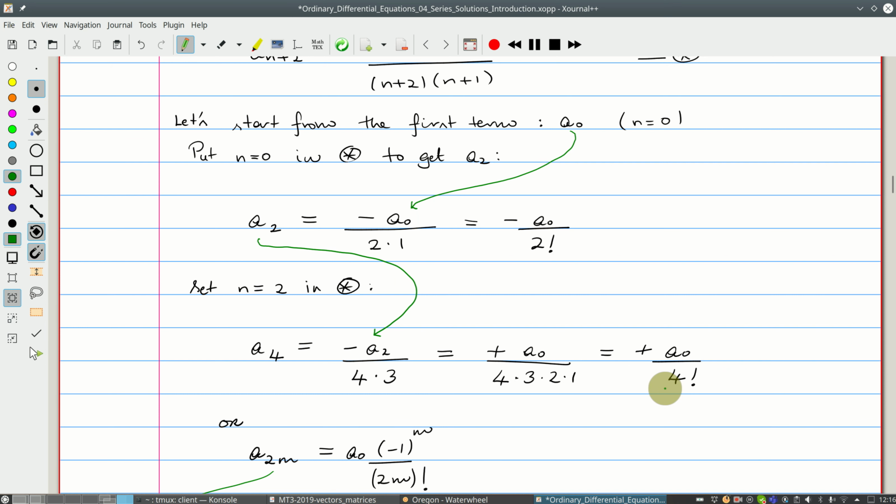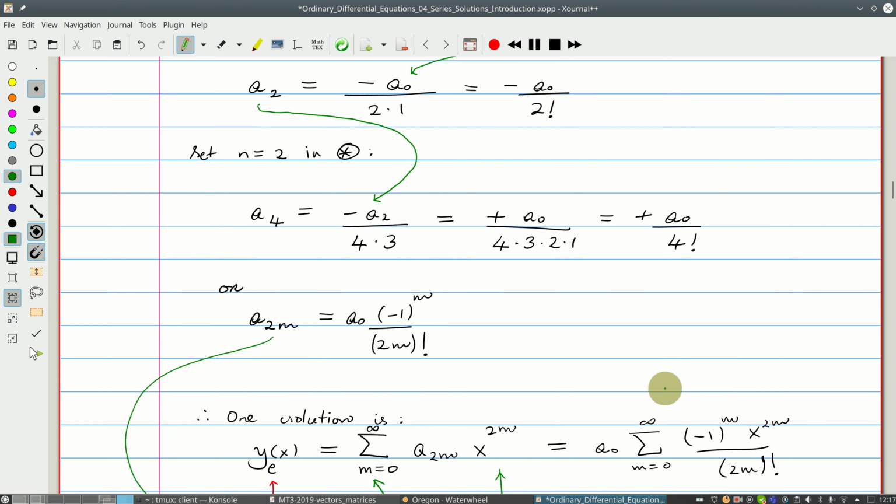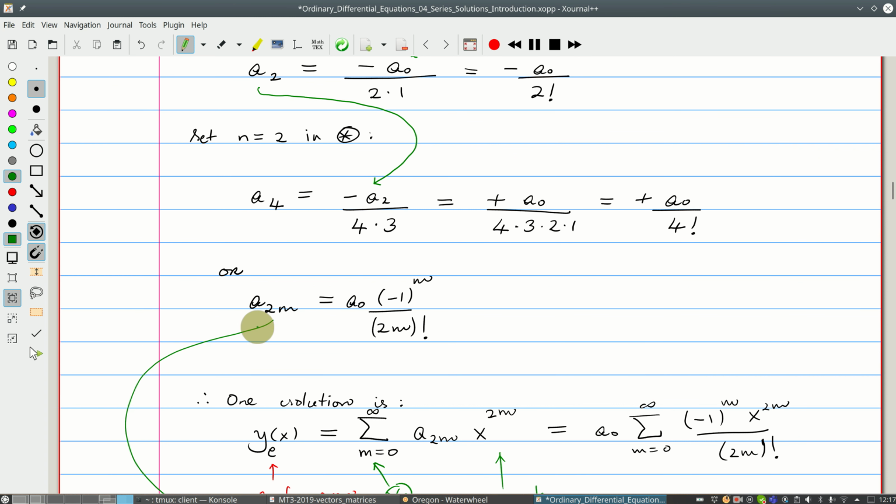Now you can go on developing terms like this, and eventually, if you stare at it for long enough, you will realize that there's a general formula. In this case, the general formula says that for the even n terms, if n is even, then I can write n as 2 times m, where m is any integer. So for even n, n is equal to 2m.